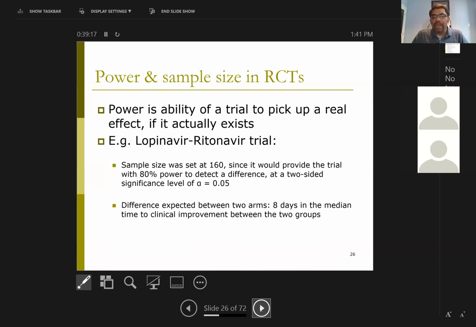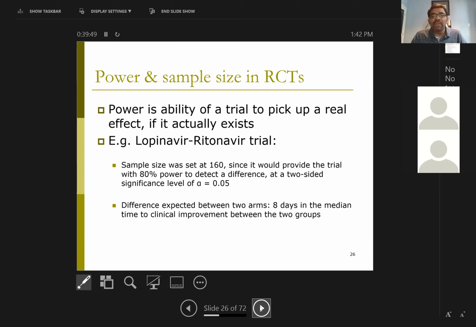And last quick comment about power and sample size, right? How do you decide on the size of a trial, right? Is 100 patients enough? Is 200 patients enough? Well, it all depends on what the hypothesis is, right? There will probably never be a 100 patient COVID vaccine trial. You need much, much larger trials because the incidence of COVID that you're looking for might be too low, and 100 might never be able to pick up that incidence, right?